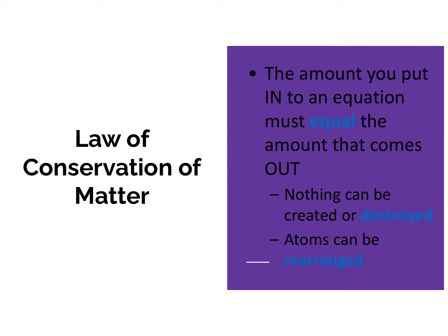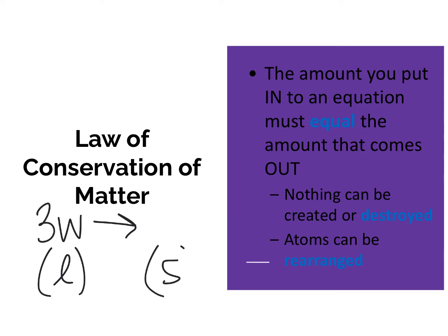So for example, let's say that I have liquid water, L for liquid, and I have 3 water molecules, and I'm going to put them through a change, which is that arrow. I'm going to put them in the freezer so that they become a solid ice, okay? I still have to have 3 water molecules.